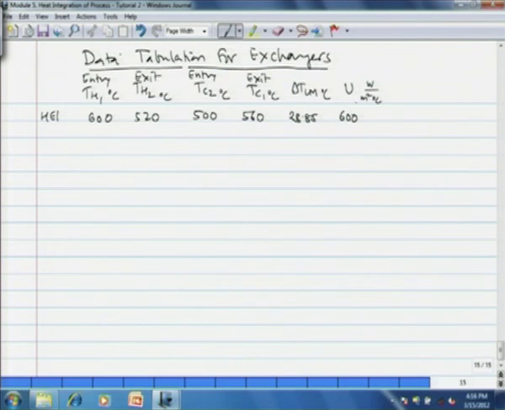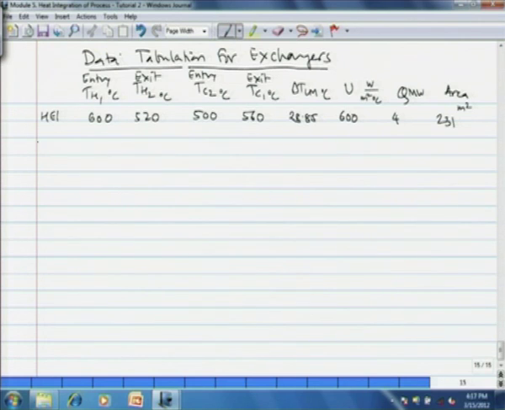How did I determine U? I took the film coefficients for the streams C3 and H3, like the streams which are coupled in HE1, and 1 by U is equal to 1 by Hi plus 1 by Ho, and the heat duty on HE1 was 4 megawatt, and then by the simple formula Q is equal to UA delta T, the area is determined as 231 meter square.